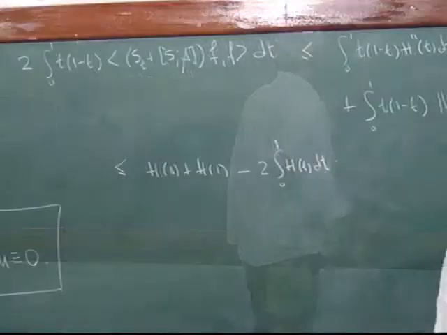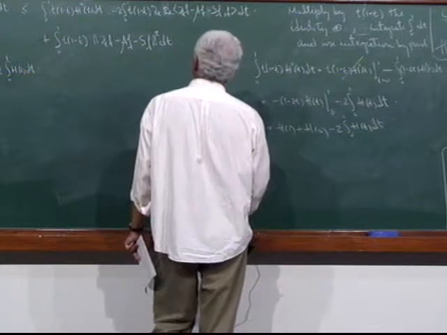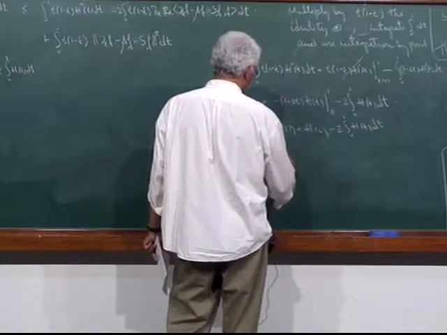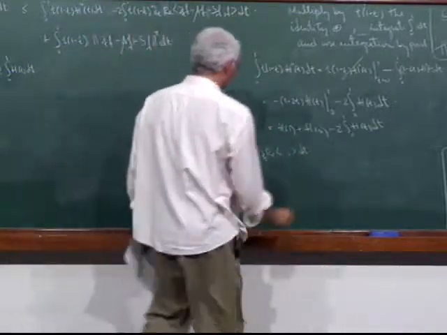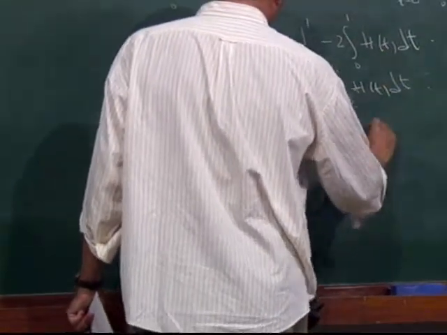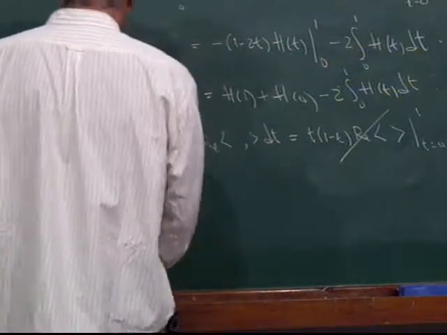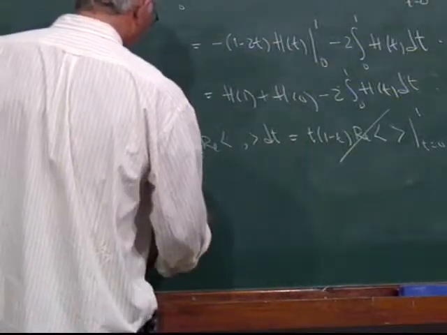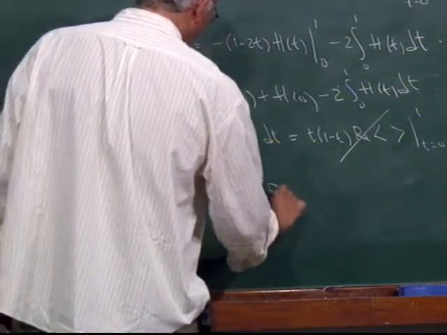Let's do this one. The integral between 0 and 1 of t(1 minus t), derivative with respect to t of the real part of all this, dt, is equal to t(1 minus t) times the real part of this, evaluated at t equal to 0 and t equal to 1. That dies because you are at 0 and 1. And then you pass the derivative to the other side, which gives you minus the derivative of this, that is, the integral from 0 to 1 of (1 minus 2t) times the real part of this product.